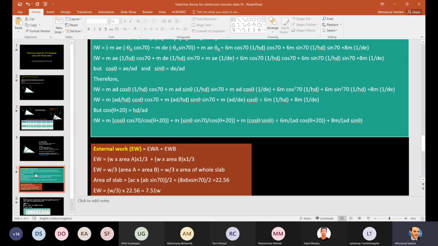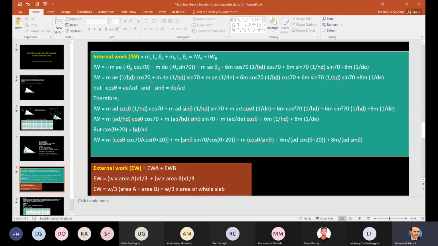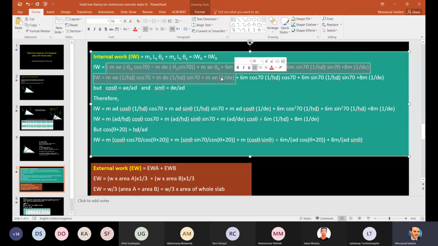So when you do it, this is what we get. And remember, you've got the sagging and the hogging to do. This part here up to here, that's the sagging.